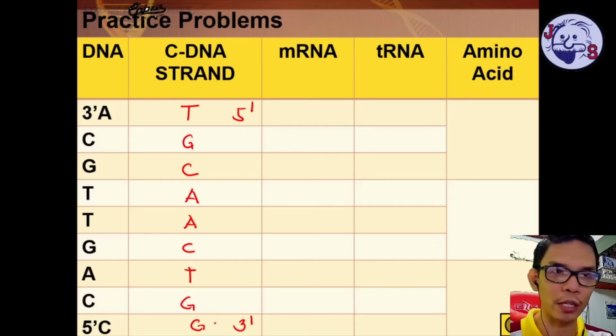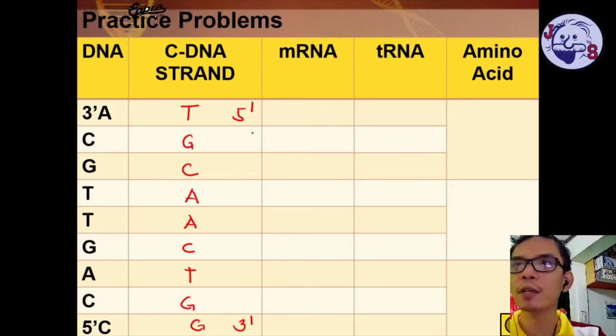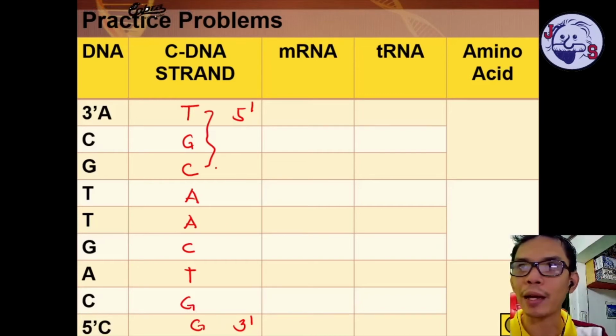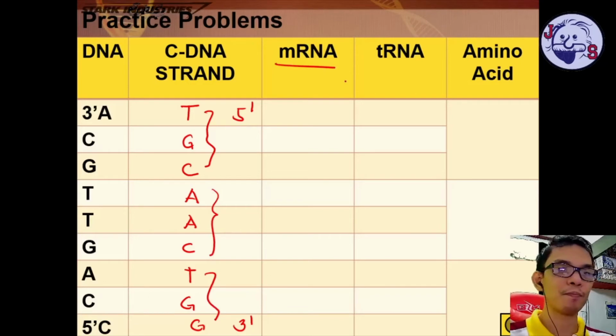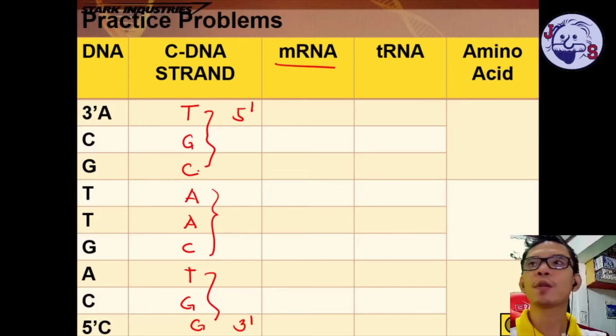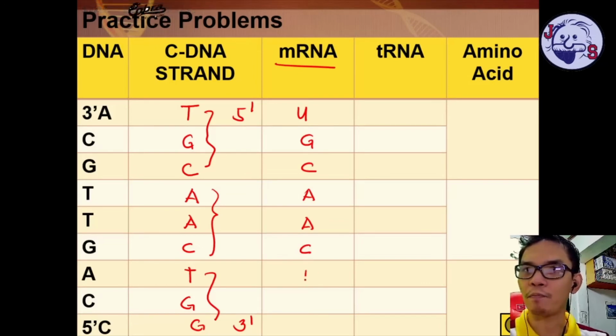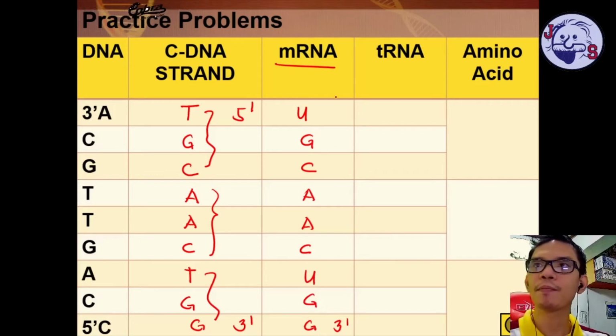Let's check this one more time to see if we are correct, with brackets for codons. Next, we have the mRNA: U, G, C, A, C, and U, G, G, again with 3' and 5'.